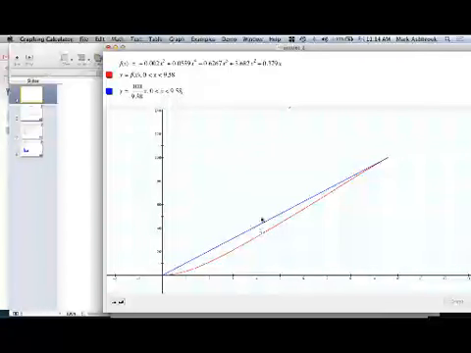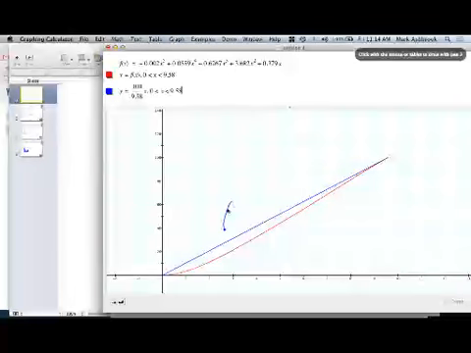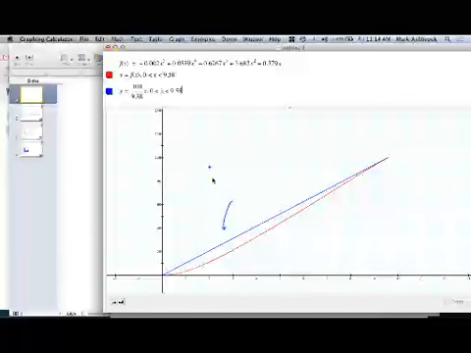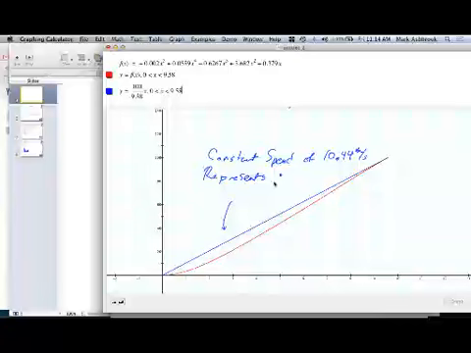So Emma, that race represents this constant speed of, what was it, 10.44? Represents the what?